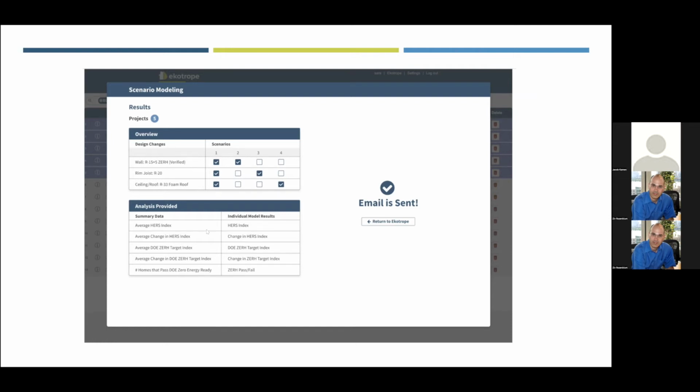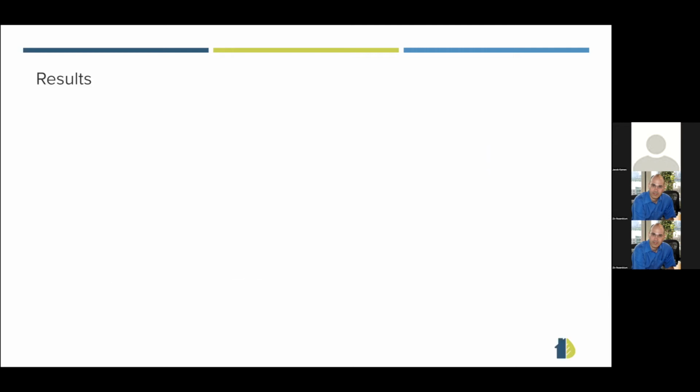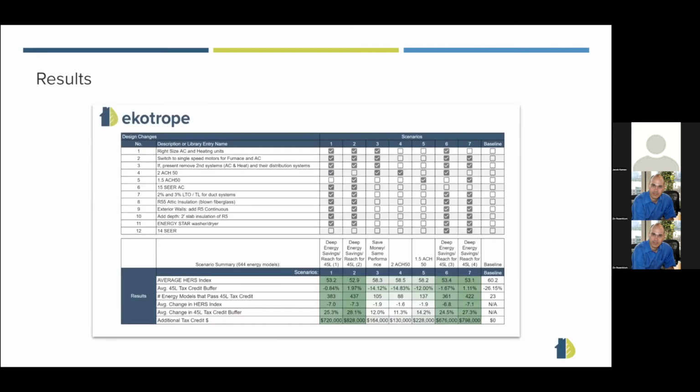And you also said you want to analyze the HERS index and DOE Zero Energy Ready Homes, and see how many homes pass that. What will happen now is Ecotrope will assemble each one of these scenarios and apply that scenario to all the energy models and send you a report that tells you exactly the impact of each of those scenarios on those energy models.